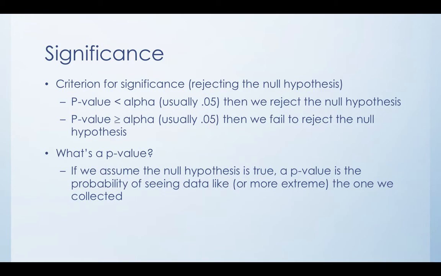But if we get something a long way from that value, then it's more reasonable to think, well, did we just have a bad day and get a weird sample, or are we truly drawing from a different distribution with a different parameter value than what is being hypothesized? So guys, assuming the null hypothesis is true, a p-value is the probability of seeing data like the one we got, or even more extreme.